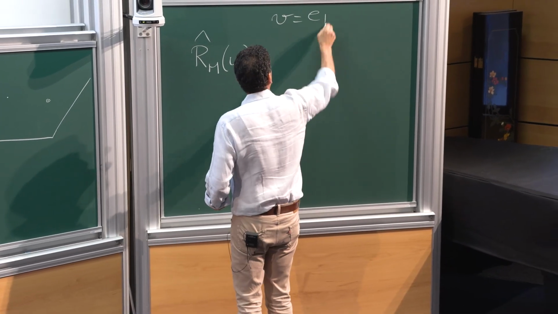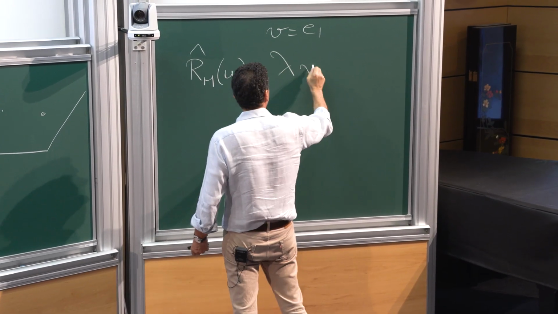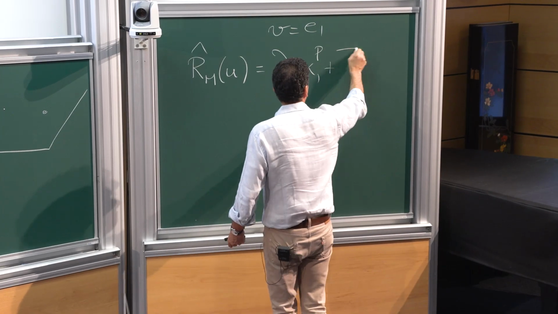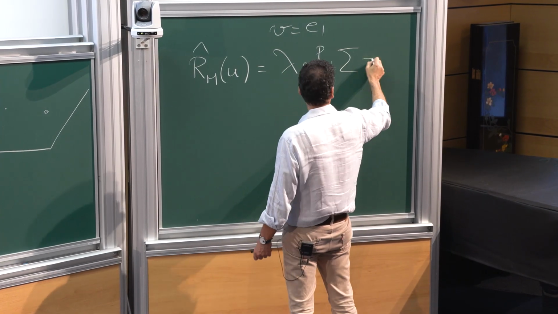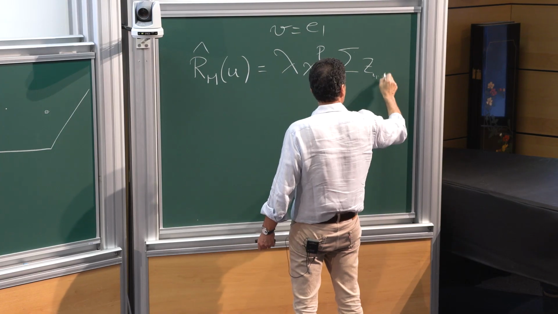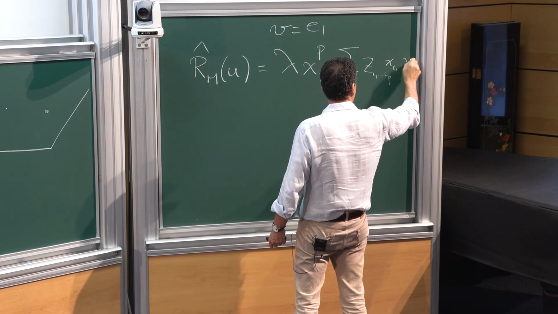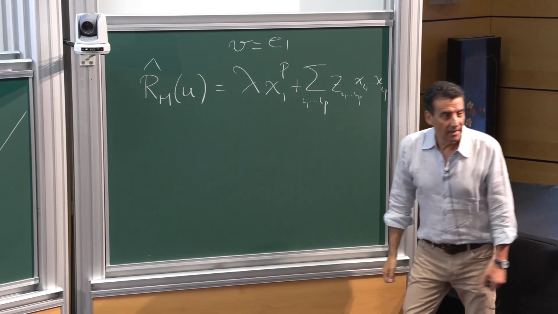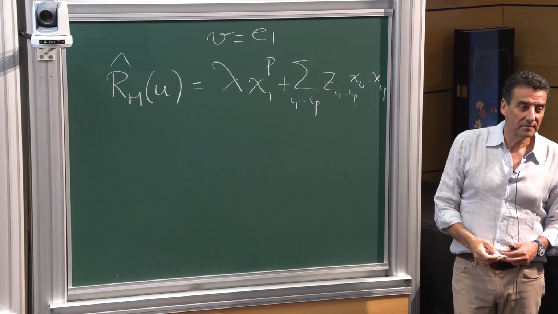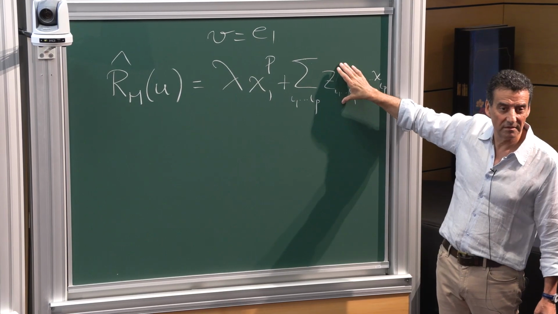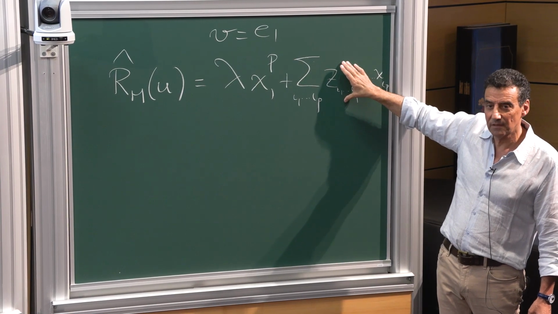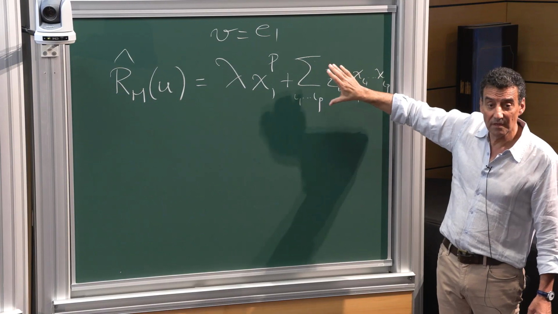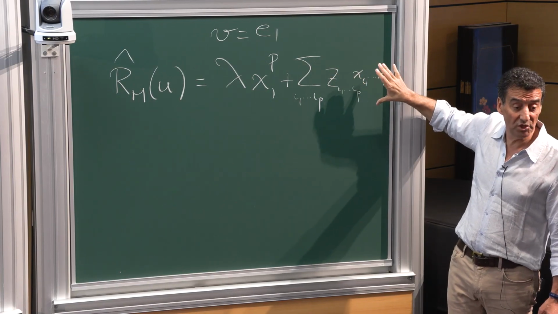Just to simplify, let's take this. This is lambda x1 to the P plus a sum of noise, which I call Z, and now you recognize something. That's a spin glass, right? These guys are random. This is a random polynomial of degree P, homogeneous.